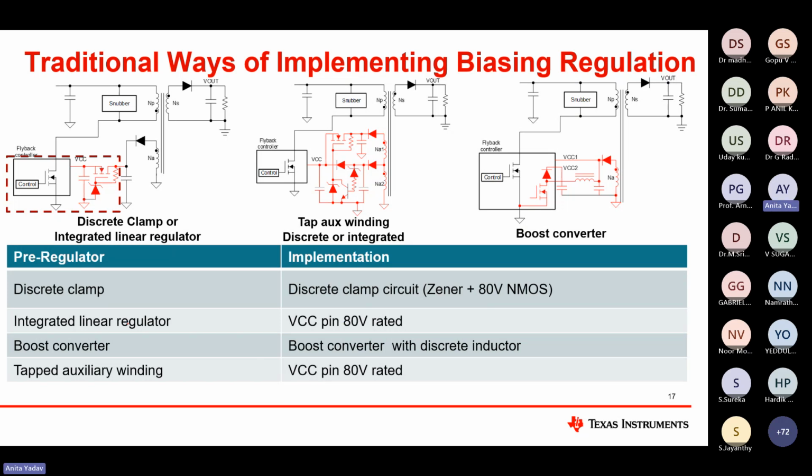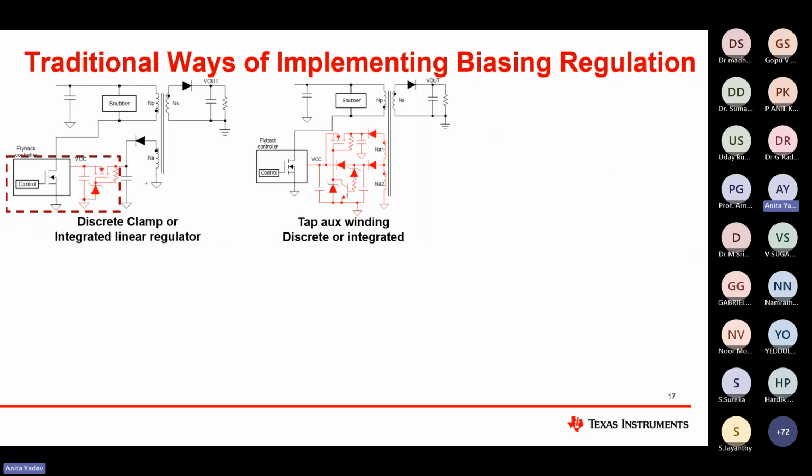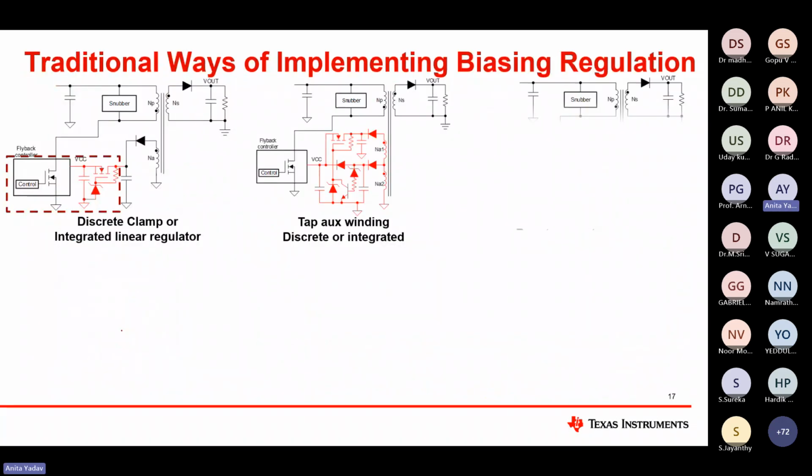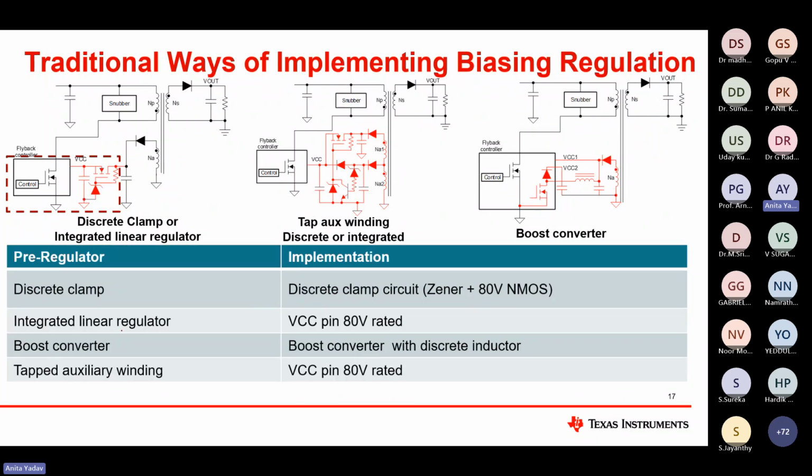And with the integrated linear regulator, the VCC pin of the controller itself needs to be rated for 80 volt, which is kind of not possible or has other consequences.